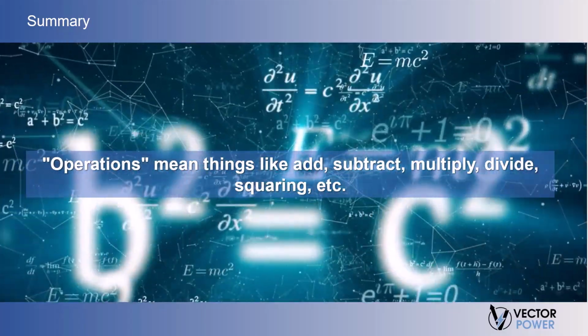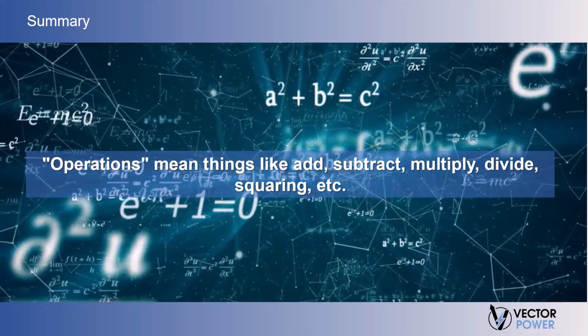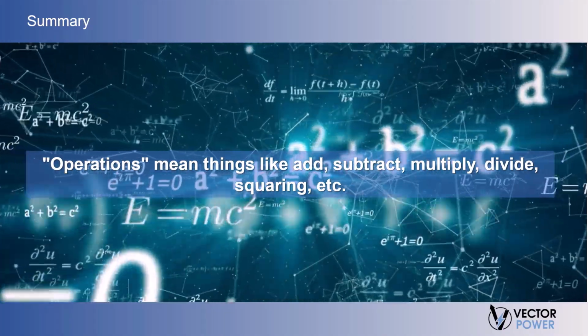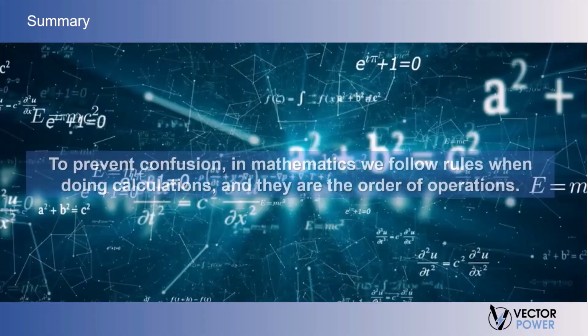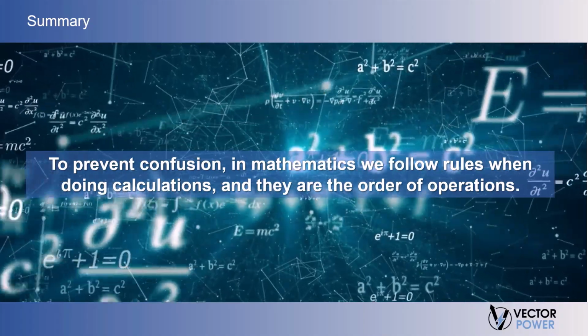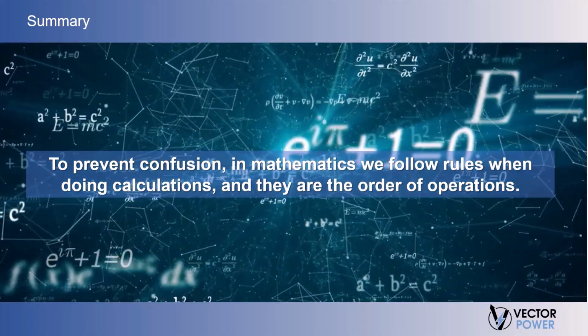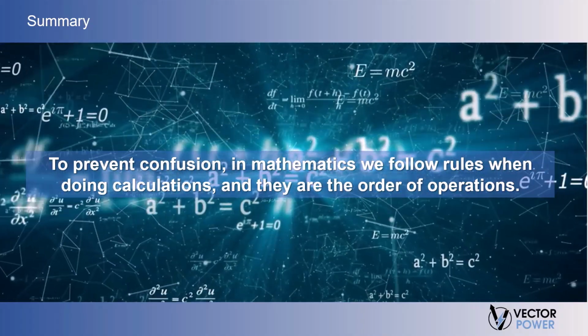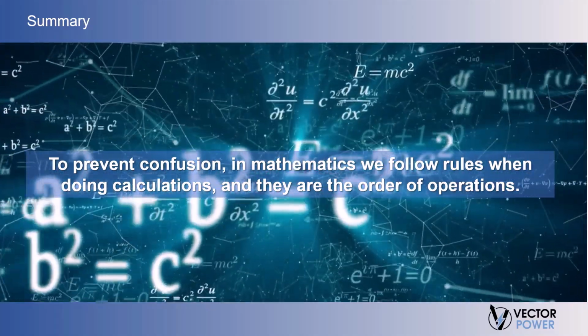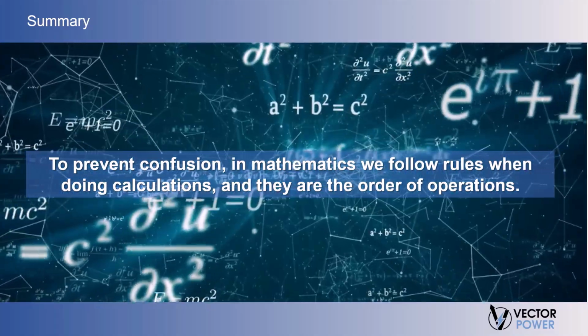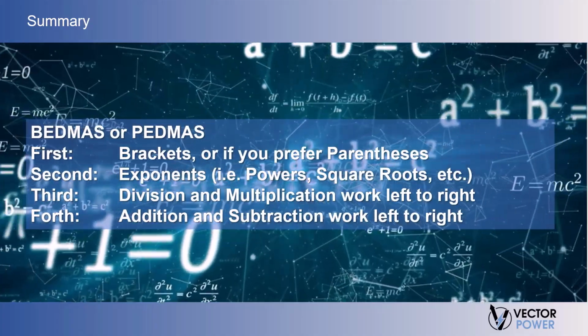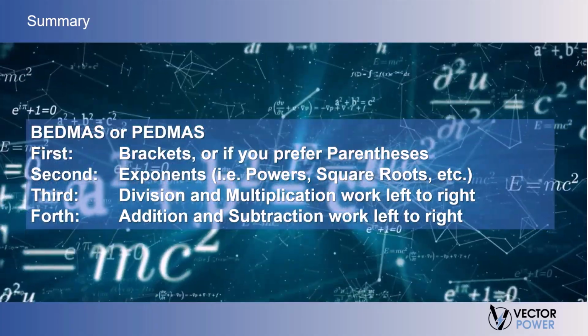Operations mean things like add, subtract, multiply, divide, squaring, etc. To prevent confusion in mathematics, we follow rules when doing calculations, and they are the order of operations. BEDMAS or PEDMAS.